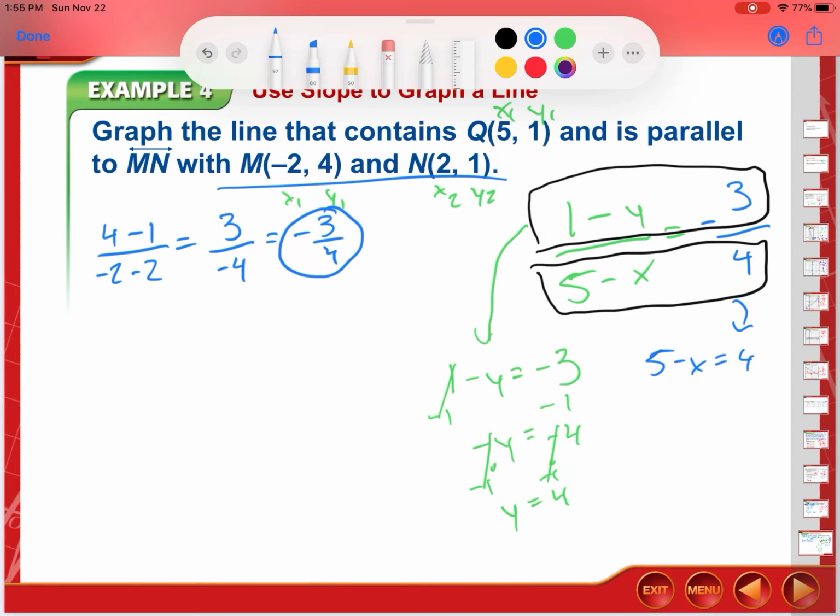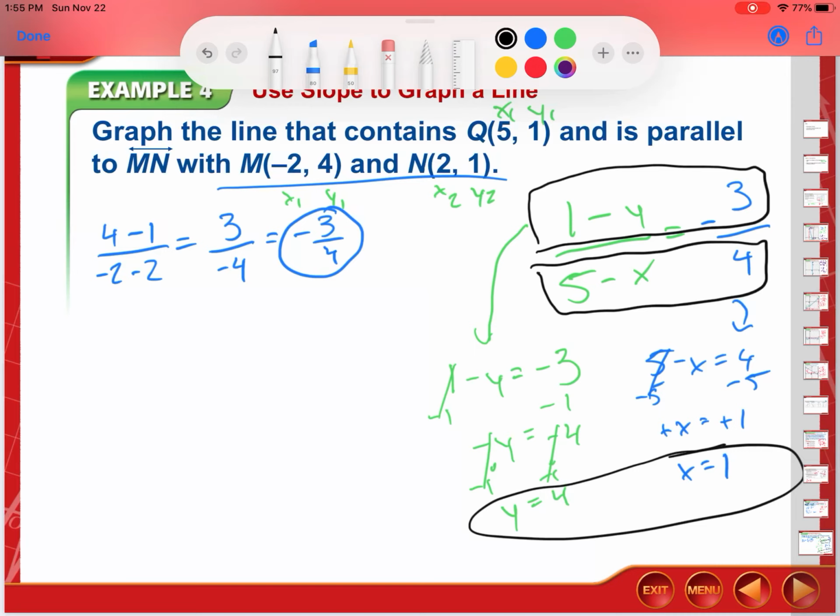Now I'm going to do the same thing with this second equation, which is 5 minus x equals 4. I am going to subtract 5, and then I'm going to have negative x equals negative 1. Then I'm just going to get rid of these negatives since I have one on each side, and I'm left with x equals 1. So now that I have my x and my y value, I can write my point, which is going to be 1 comma 4, since it's always written as x comma y.